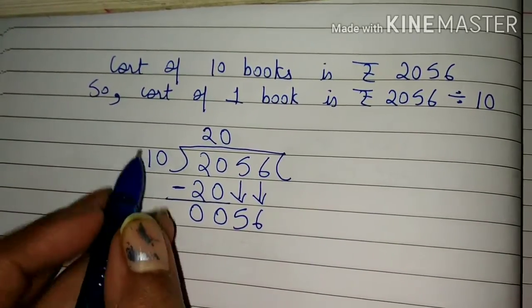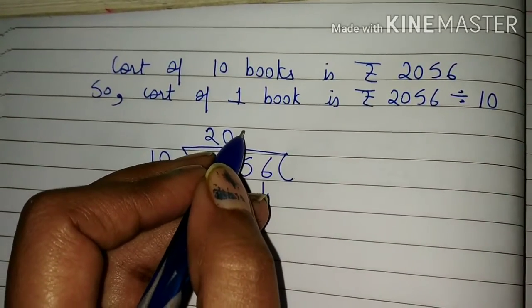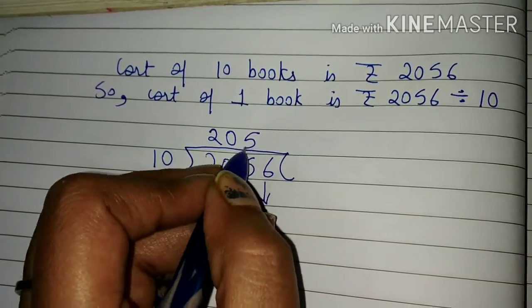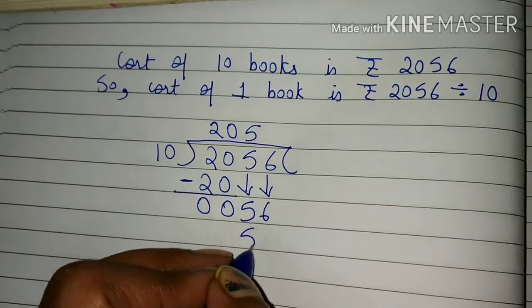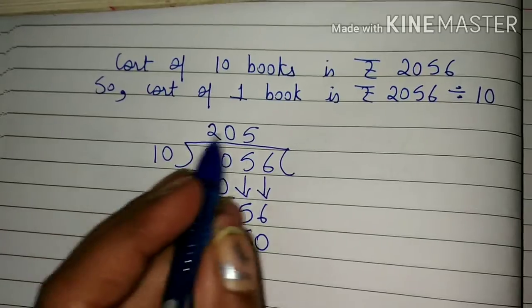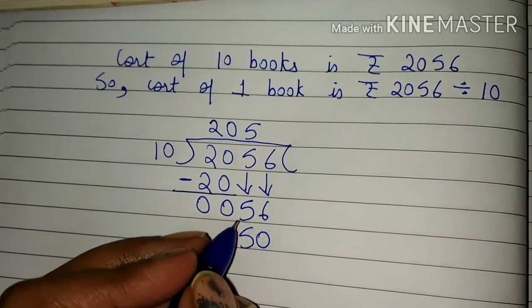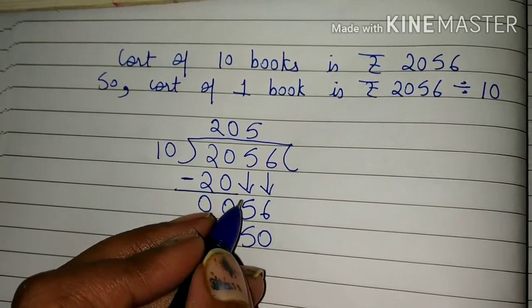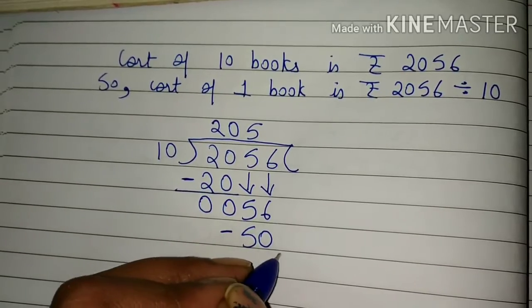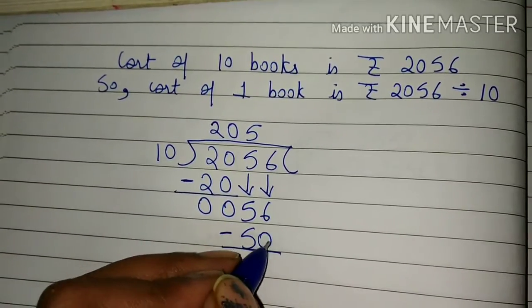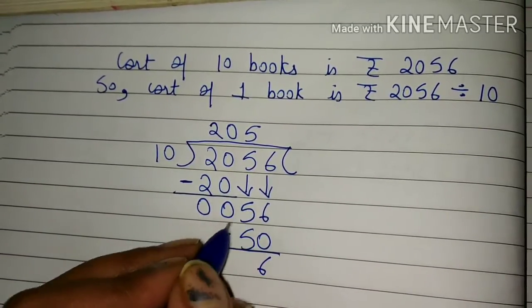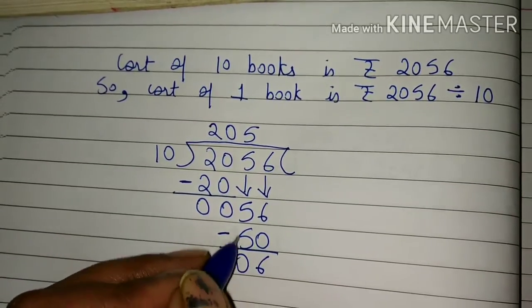So 10 fives are 50. We will write 5 here and then 50 here, because 10 fives are 50. Now we will subtract these two numbers. 6 minus 0 is 6. 5 minus 5 is 0.